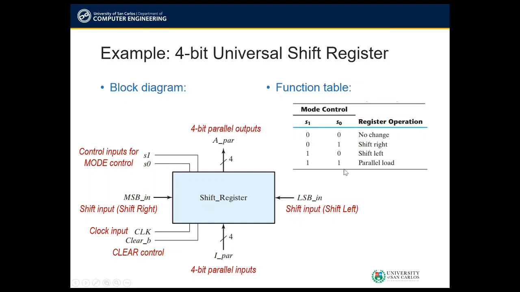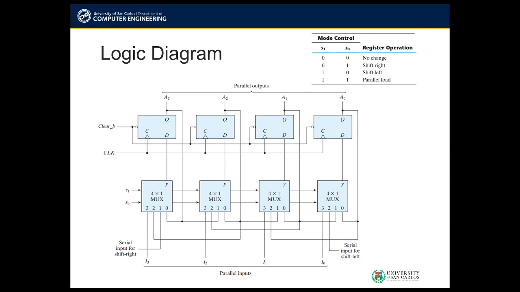Therefore, we're going to need a multiplexer. And since we have 4 register operations here for this universal shift register, we need 4x1 multiplexers. So this is a brief overview of the logic diagram for the 4-bit universal shift register.